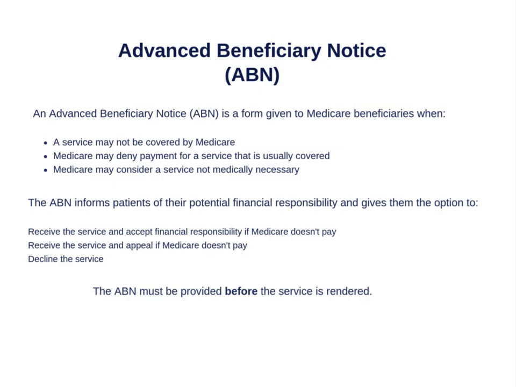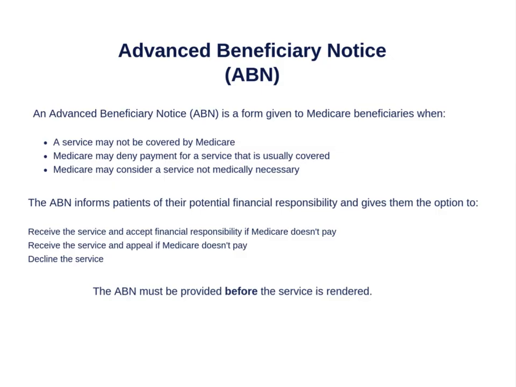And then they can decide to either receive the service and just pay for it, or check a box that says receive the service and pay for it only if Medicare doesn't pay. So try to bill it to Medicare, and if they don't pay, then they'll pay for it. Or they can decline the service.